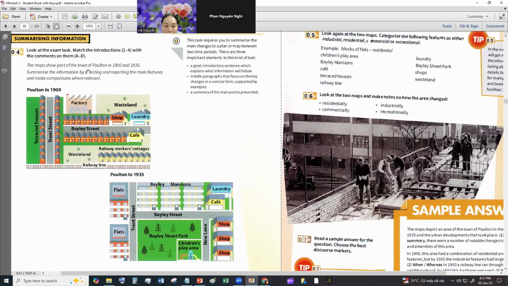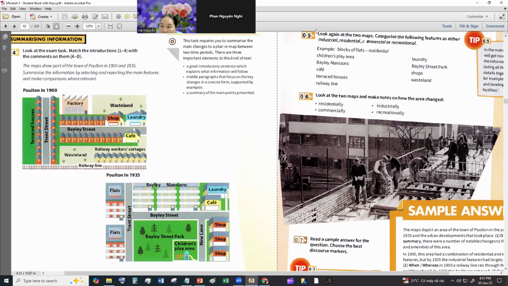All right, so I've shown you the maps together with the details. So your task is to complete exercise 5.